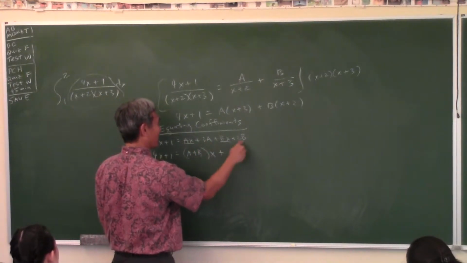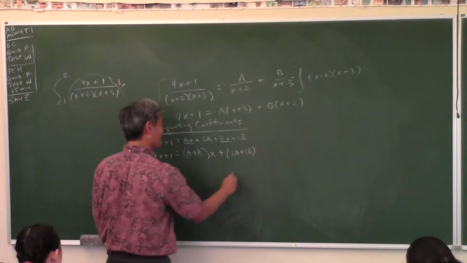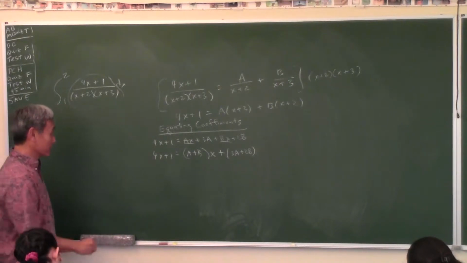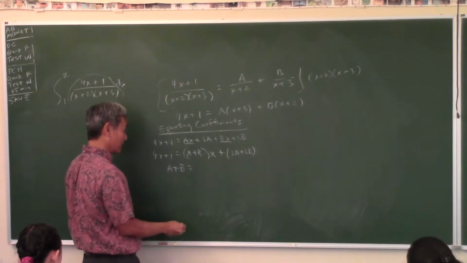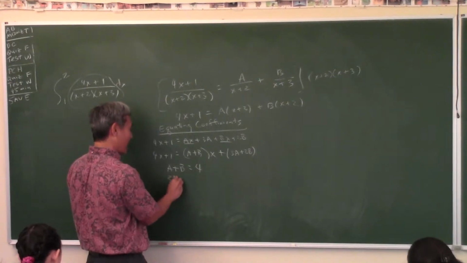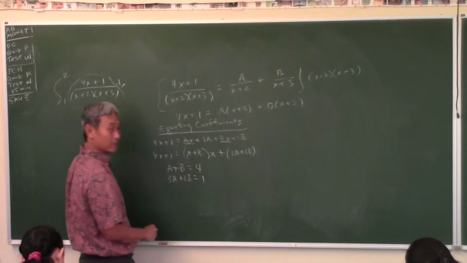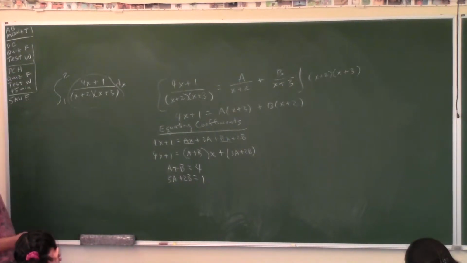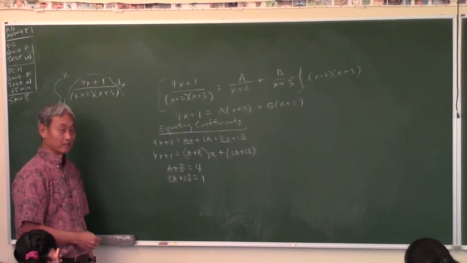And then the rest are constants because they don't have any x's in them: 3a plus 2b. Okay, so equating coefficients, a plus b has to equal 4, and 3a plus 2b has to equal 1. This is called equating the coefficients. And then look, you have two equations, two variables, and you just solve it.